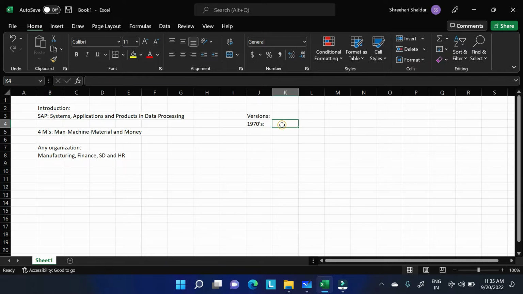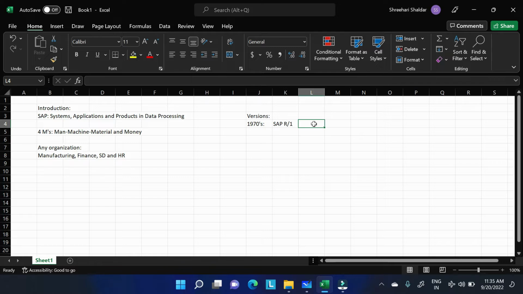Initially in the 1970s, they came up with SAP R1. They call it R1, where R stands for real time data processing, or real time integration.